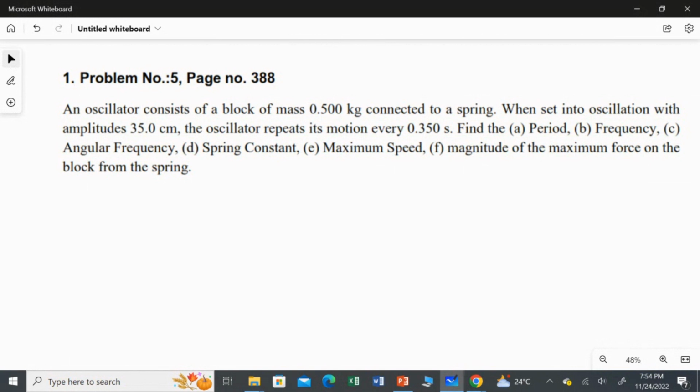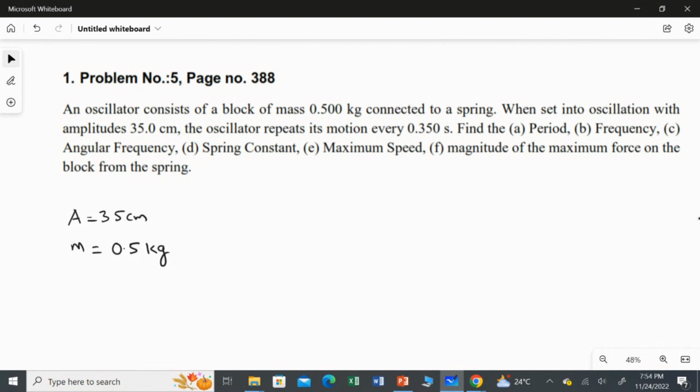So what they mentioned, when you oscillate the oscillator, it will have the amplitude of 35 centimeters. Amplitude is denoted with the letter A, right? So what is the amplitude? 35 centimeters. And what is the mass of the oscillator? The mass is 0.5 kilogram.